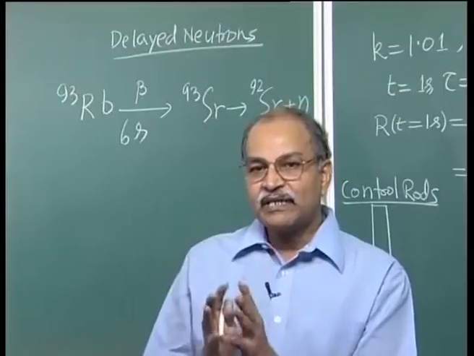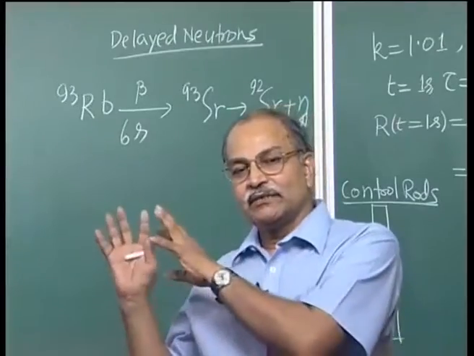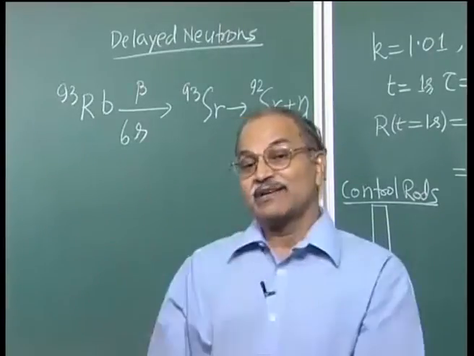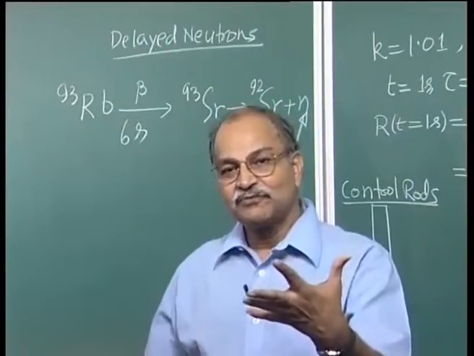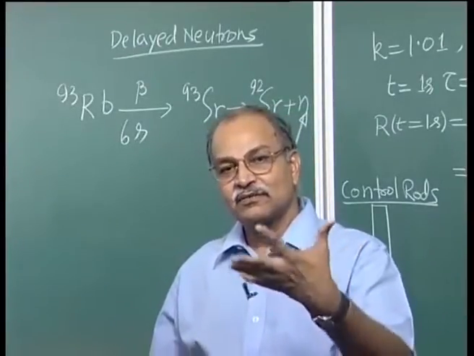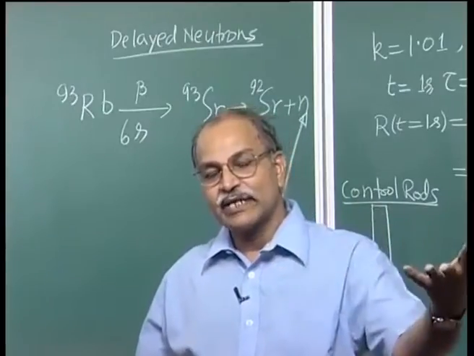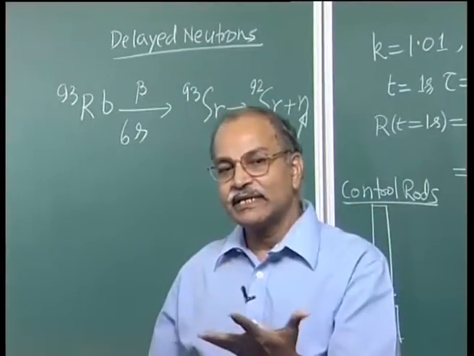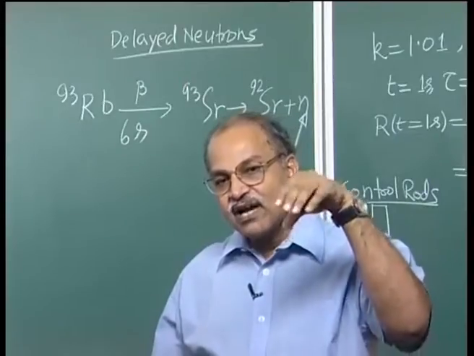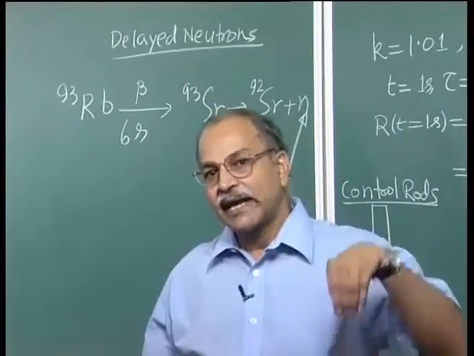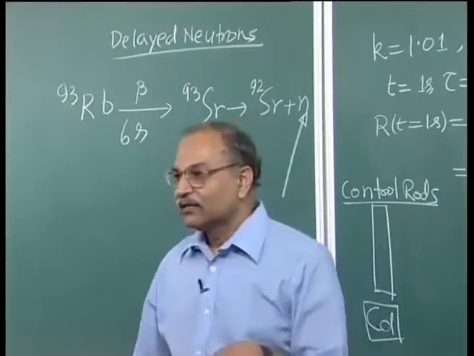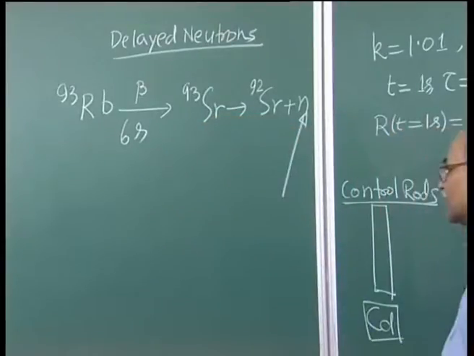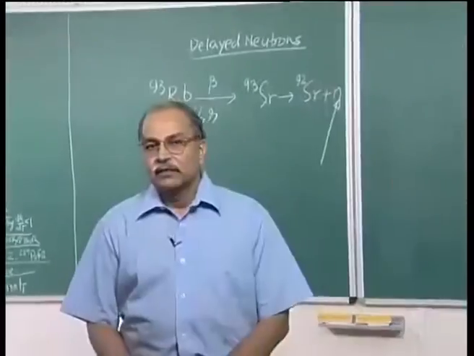So, if that is the case, only these delayed neutrons are needed to make it critical, and these delayed neutrons come after a few seconds, or 10 seconds, or 6 seconds, or 2 seconds, or 5 seconds, or 20 seconds. Then we get enough time for the mechanical movement to follow the variation in k. So, that is how it is controlled.